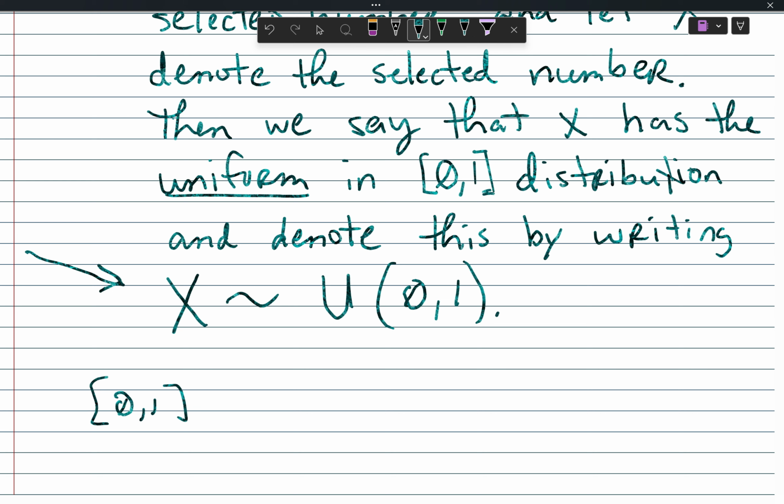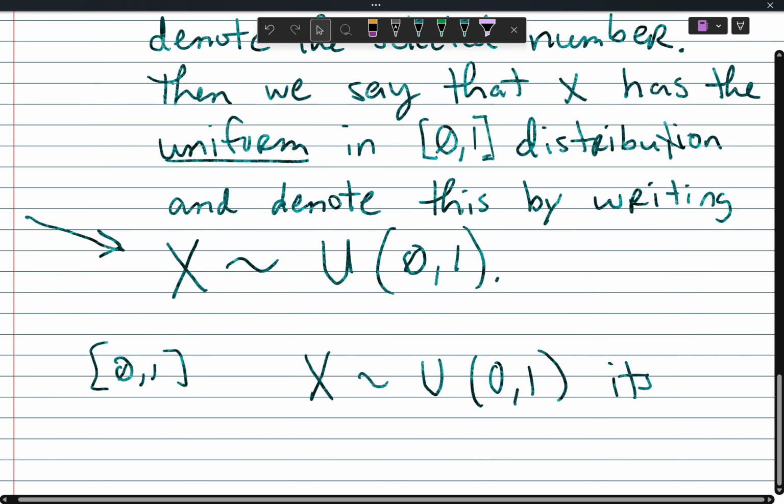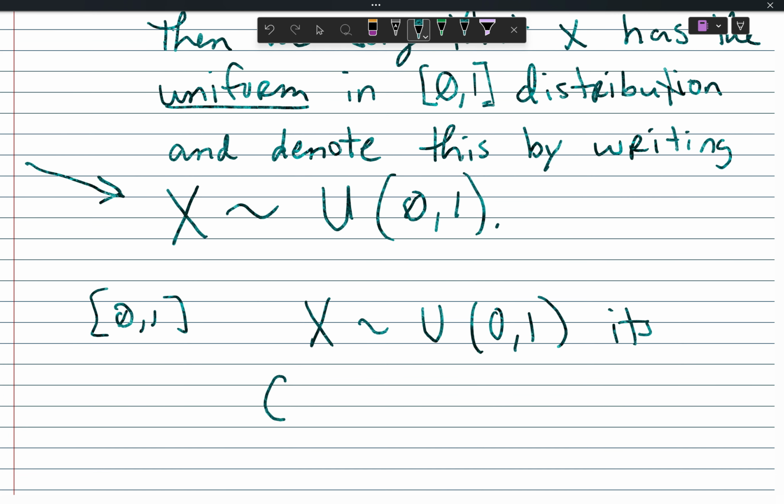In fact, with the notation we just mentioned, its cumulative distribution function, CDF, is as such.